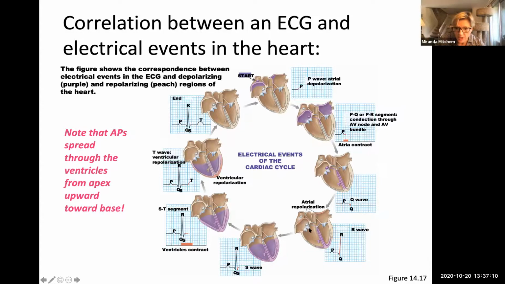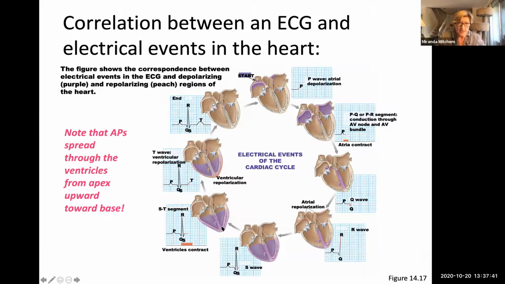As we continue, now our atrial repolarization is complete. And now we've gone to the top of the R wave through the completion of that atria repolarization. As we continue, now the electrical conduction is moving through the branches, and we've gotten down through the completion of the QRS complex as the ventricles are depolarizing.